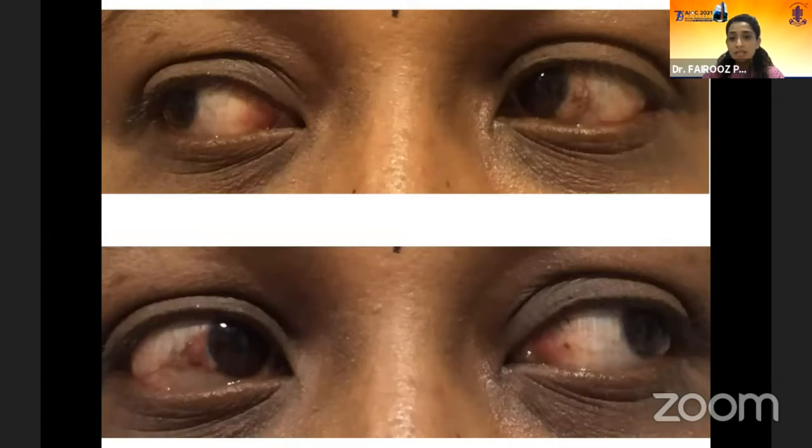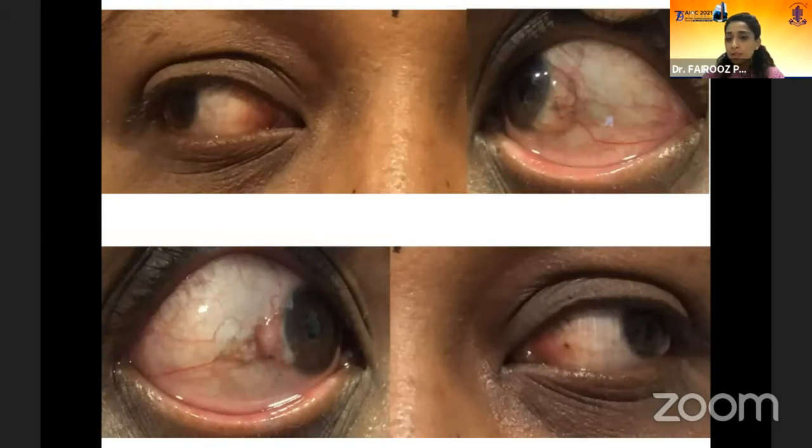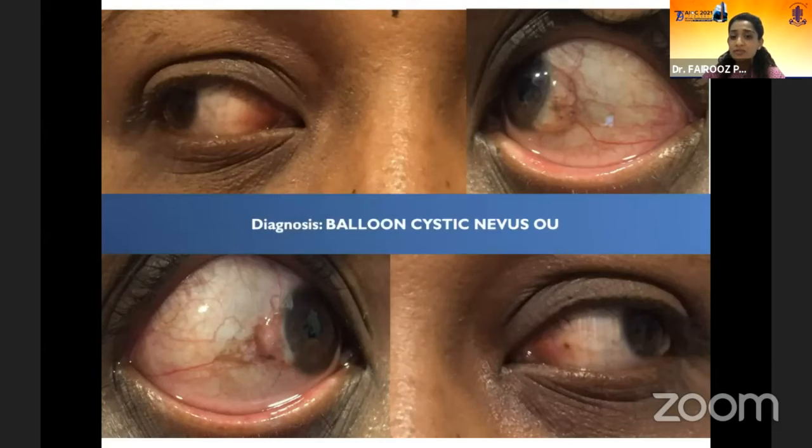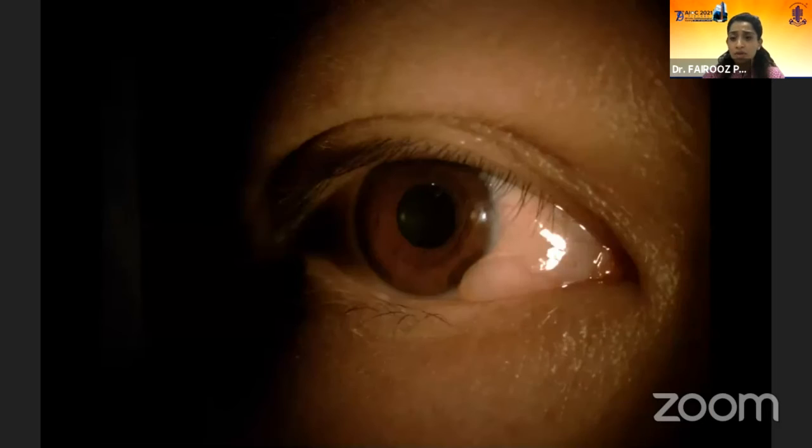This lady presented with this lesion, again kind of transparent, and this is the left eye where it's very cystic as well. She has another lesion, a little bit fleshy, in the right eye with scattered pigmentation on the surface. This is in fact a case of a balloon cystic nevus. Yes, a nevus can present cystic and transparent as well.